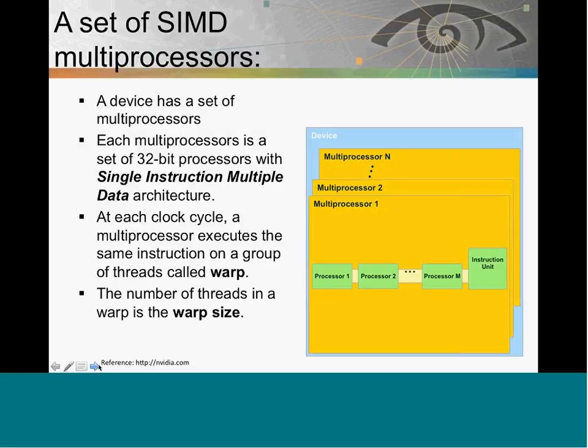Let's look one by one at how the multiprocessor looks, and how the memory looks. In the figure, each multiprocessor has multiple processors in it, right? Each multiprocessor is a set of 32 processors with the same architecture. In a clock cycle, multiple processors execute the same instruction on a group of threads, which we call a warp.